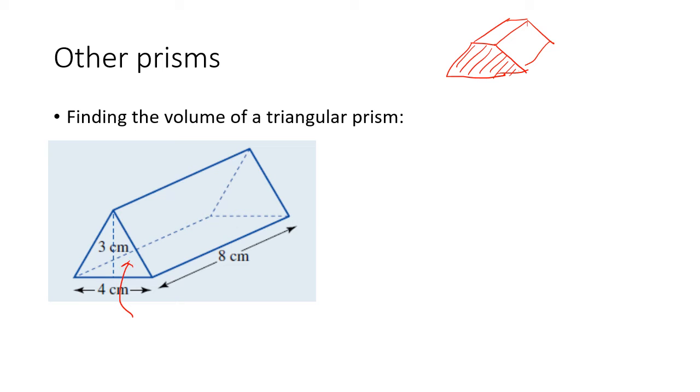We've got to think about our area here, and the area of a triangle is half of the base times the height. Now in this question we're given the base and the height. That's nice and easy, and so all we've got to think really is our volume is our area multiplied by our height. Now of course that's kind of confusing because we've got two different heights here. Scratch that. I'm just going to say, for the purposes of this example, I'm going to refer to that as the length of the prism instead.